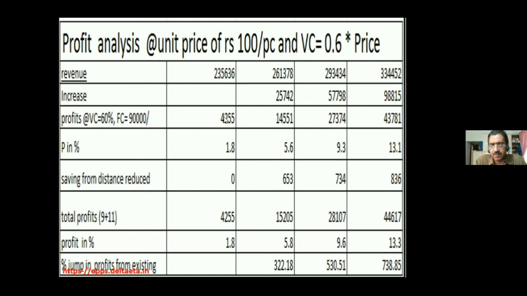So imagine a company making 4,255 rupees profit per month, overnight becoming a 43,000 rupees profit maker in a month. So this is the jump you get when you are acting on the no action point time. And all this is without any risk on the material on which you are working.